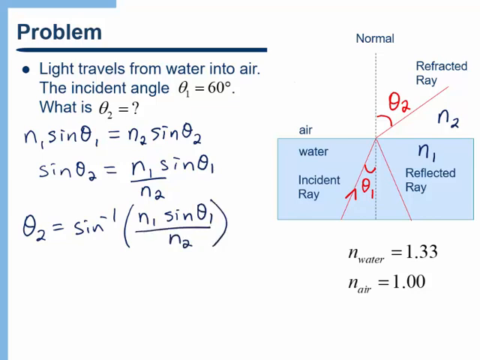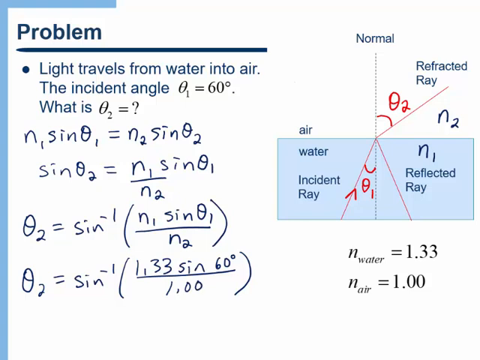So now if you plug in the values that I gave you, if we plug in 1.33 for the index of refraction of water, we plug in the sine of 60 degrees, and we divide that by the index of refraction of air, which is 1, what you notice is you get a value that is larger than 1.